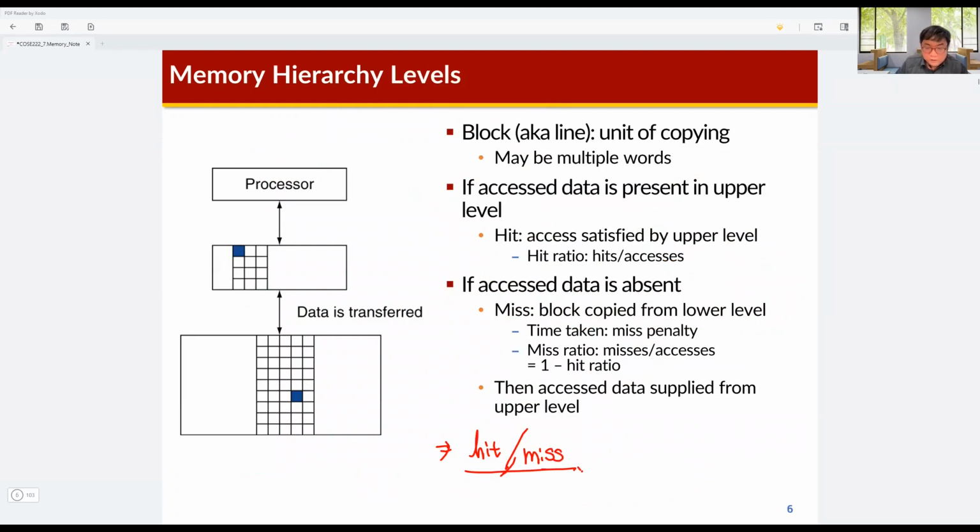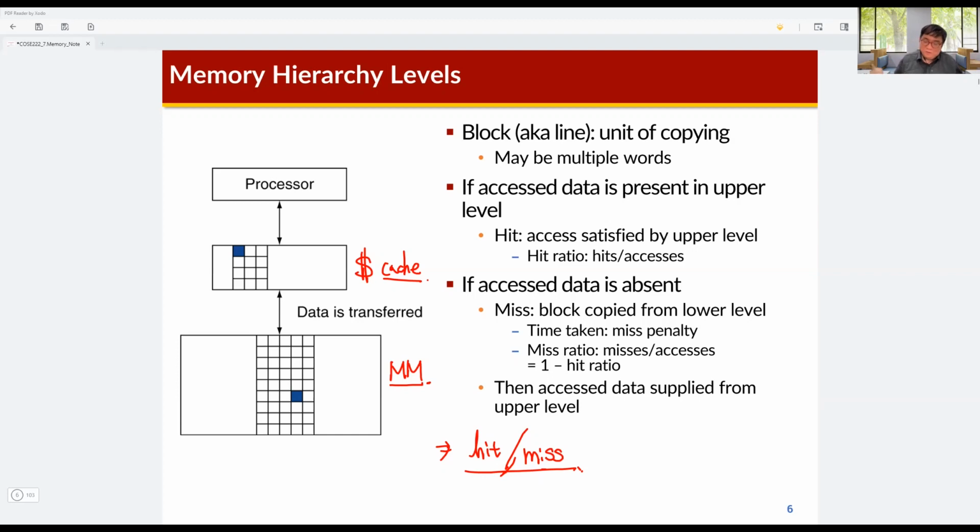So this is the main memory, and this is the cache. We assume that the entire data is stored in the main memory. The address of the data represents the address in the main memory.